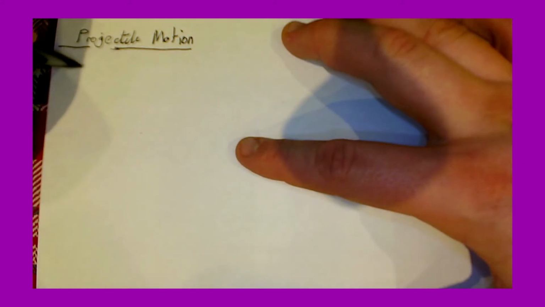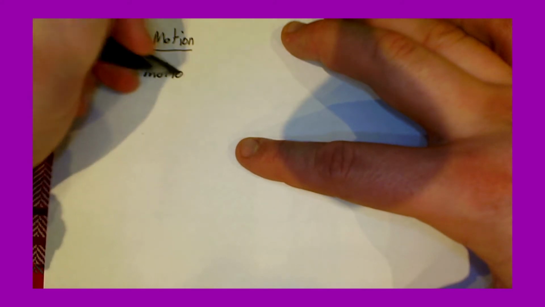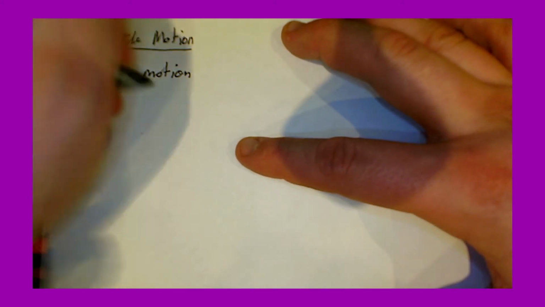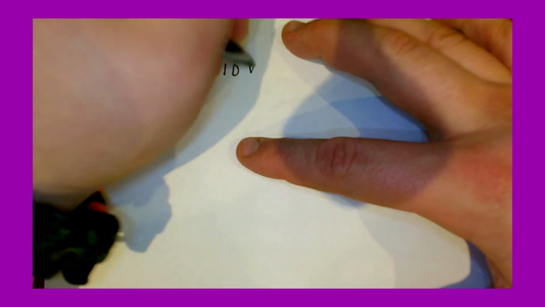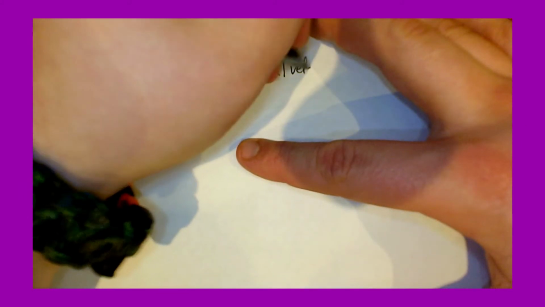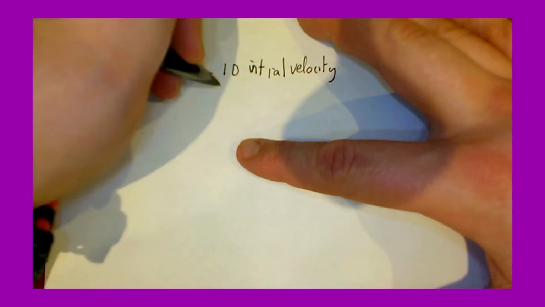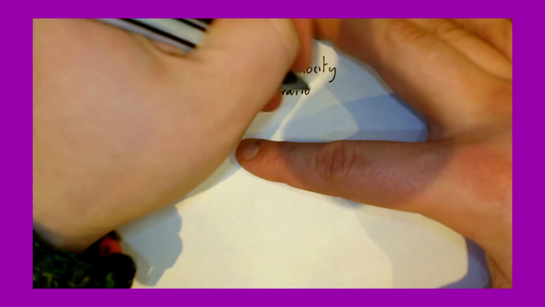So the first, the simpler motion, is when we've got a 1d initial velocity and a 1d acceleration perpendicular to the velocity initially.